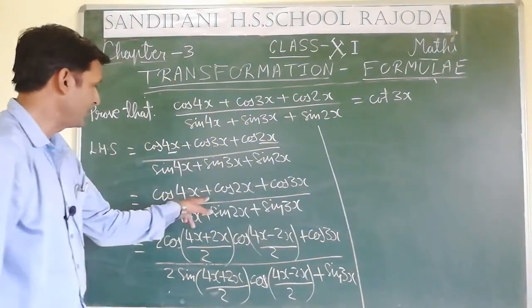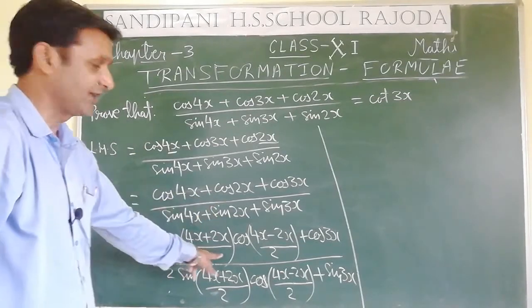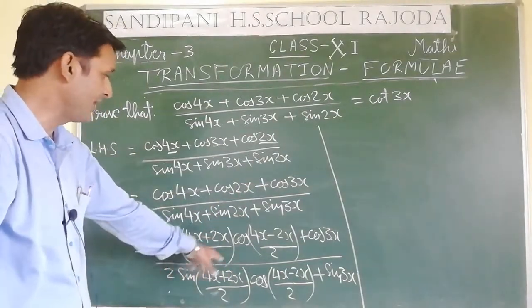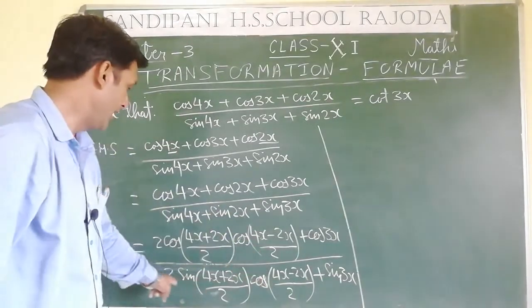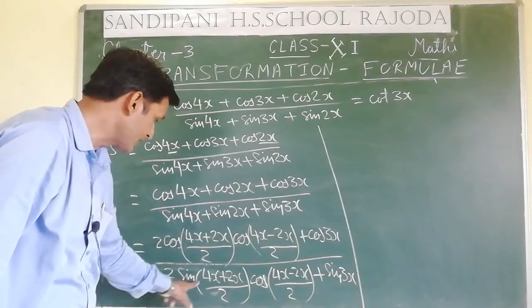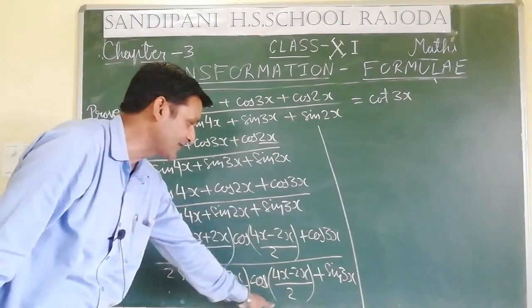Here we have applied the cos c plus cos d formula that I told you in the previous question also, that is 2 cos (c plus d) by 2 cos (c minus d) by 2, and here I am applying the sin c plus sin d formula, it is 2 sin (c plus d) by 2 cos (c minus d) by 2.